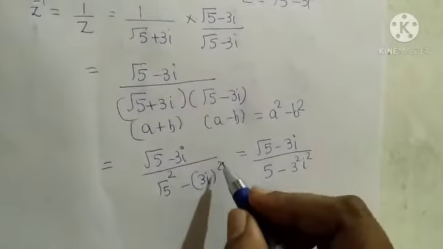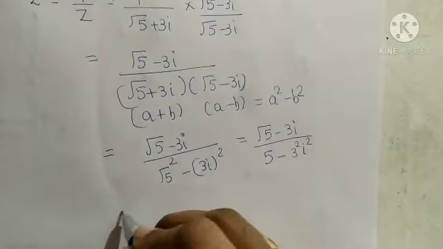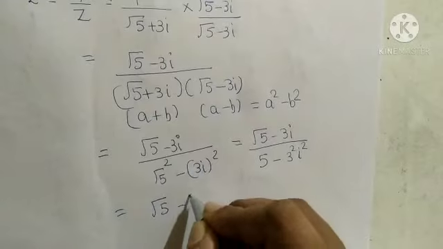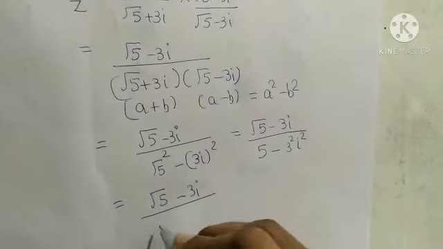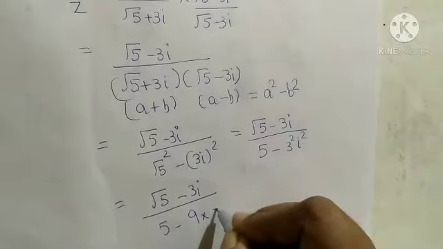So I am taking this power into the bracket, so it will become 3 square into I square. So root 5 minus 3i divided by 5 minus 9 into I square, whose value is minus 1.